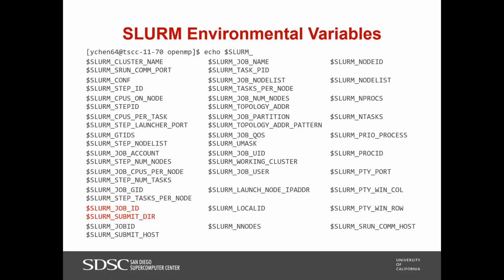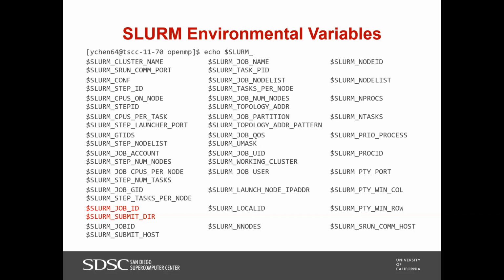Here are some useful SLURM environment variables, and of course not all of them are useful, or you should learn all of them. But usually, as I highlighted here, once your job has started by SLURM, you will get those environment variables, and some of them, like the SLURM job ID and the submit directory, might be useful for you to check your job.